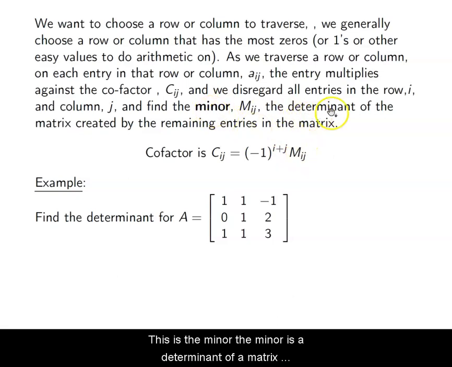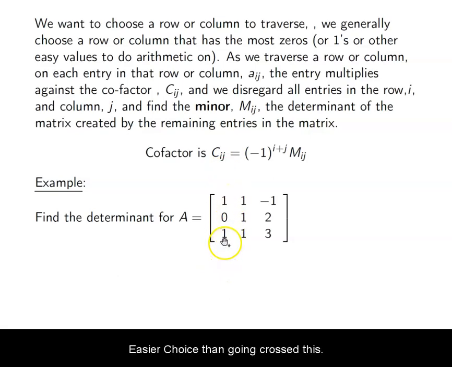The minor is a determinant of a submatrix when you delete a row and column. So there's a lot of multiplication going on. There's some addition and stuff going on, but no matter what I'm doing, adding, subtracting, multiplying, it's always easier with a 1 than it is with a 2. So this column would be an easier choice than going across this row.